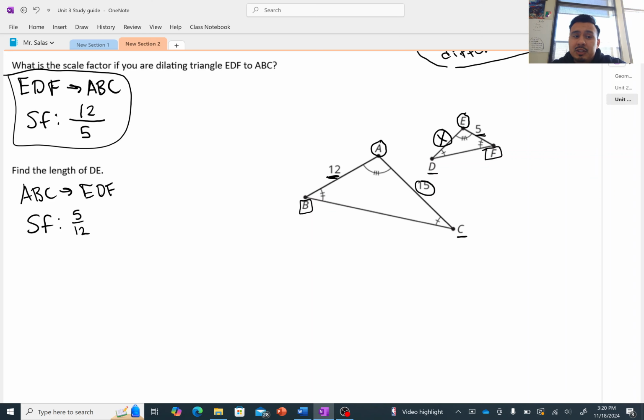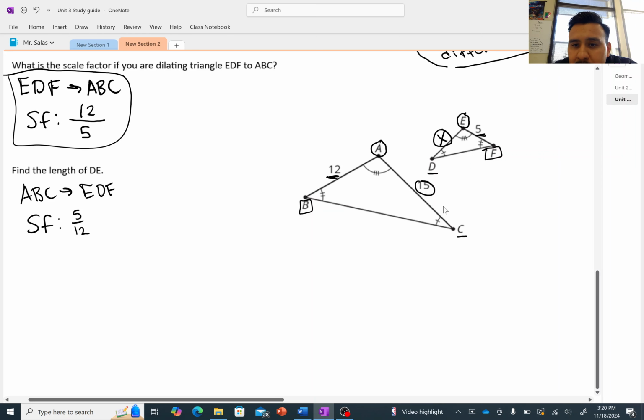So if my scale factor is 5 over 12, I'm going to take my corresponding side. In this case, my corresponding side would be the 15, and I'm trying to find X. So I'm going to take 15 times 5 over 12, and that'll be equal to DE.